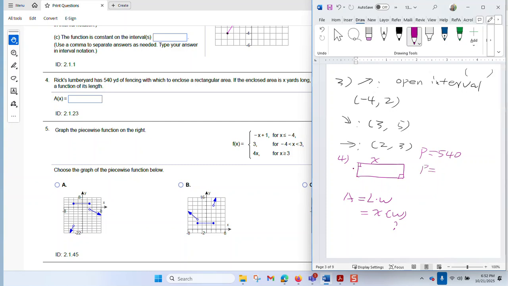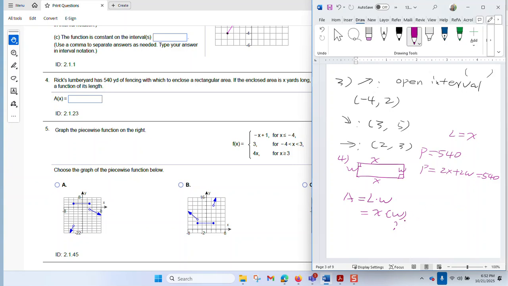Perimeter is the sum of all the sides. Okay, so I have 4 sides. The rectangle here, opposite sides will be equal. Okay, so my length is equal to x. This one right here, the length is x yards. Okay, so basically this perimeter here is 2x plus 2w equal to 540.